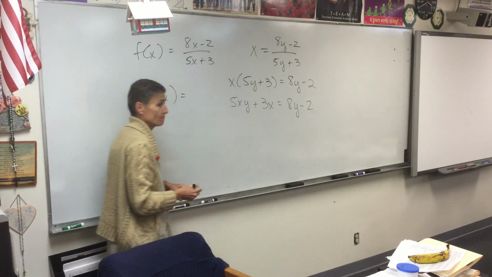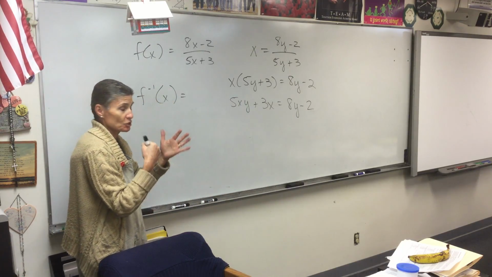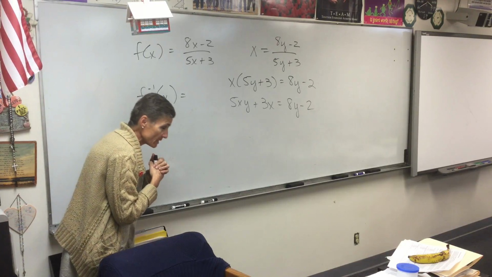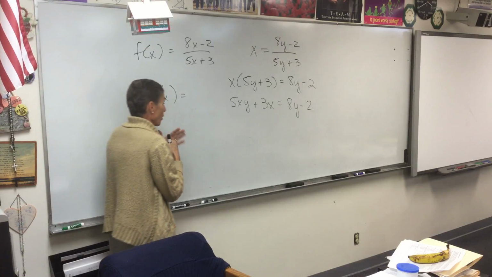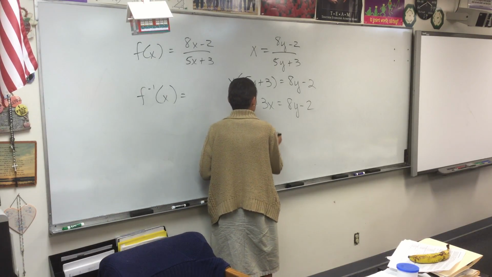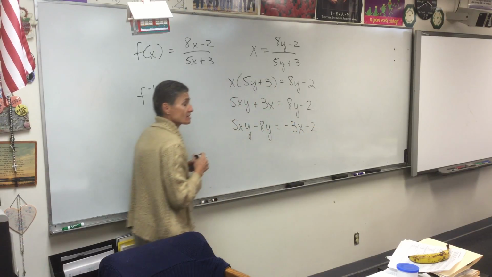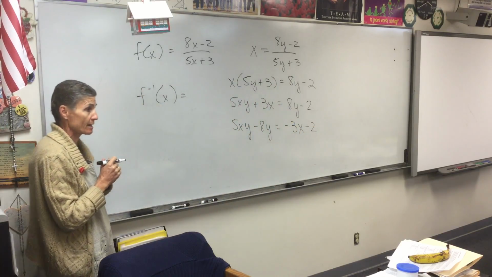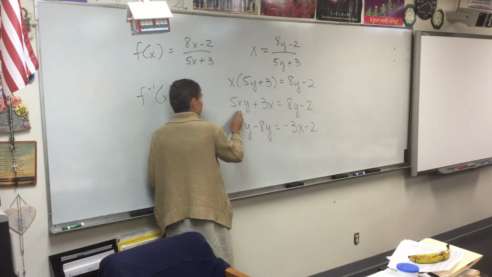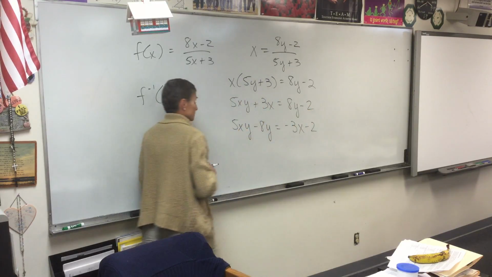Very good. All right, now this is the big step. Deshanti, what do we do now? Get both the y's on the same side. Move things around so that all of the y's are on the same side and all of the other things are on the other side. So we're going to move the 8y over here, move the 3x over here.